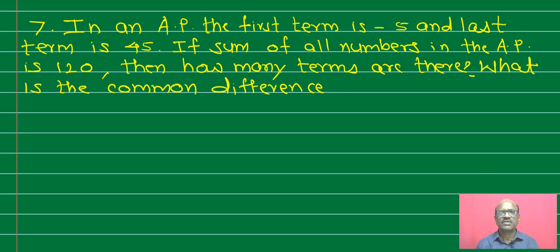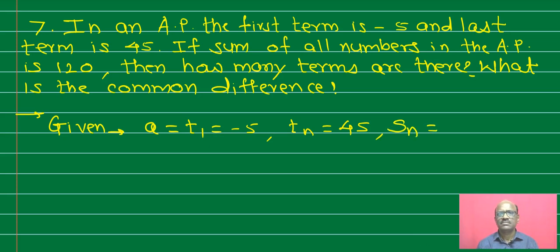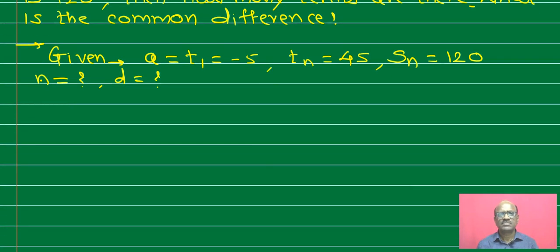It's a very simple question. We have given that the first term a is equal to -5, last term tn is equal to 45, and the sum of all the terms, that is Sn, is also given, which is 120. n is equal to question mark, d is equal to question mark. Tn is equal to a plus n minus 1 into d.